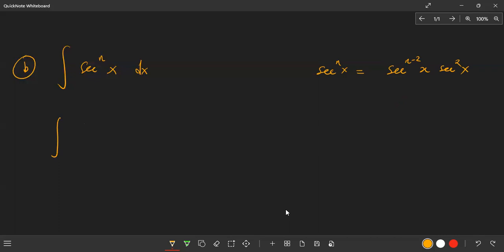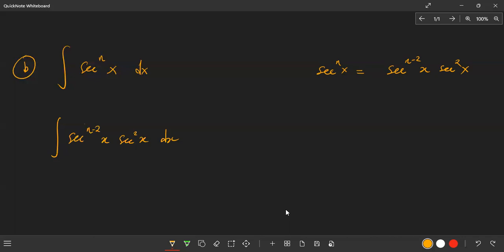So the integral becomes the integral of sec^(n-2) x times sec^2 x dx. Now we have the two functions that we wanted. We can make one of these u and the other v by differentiating one and integrating the other.